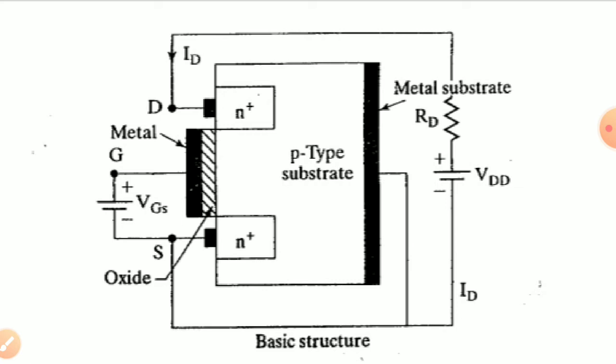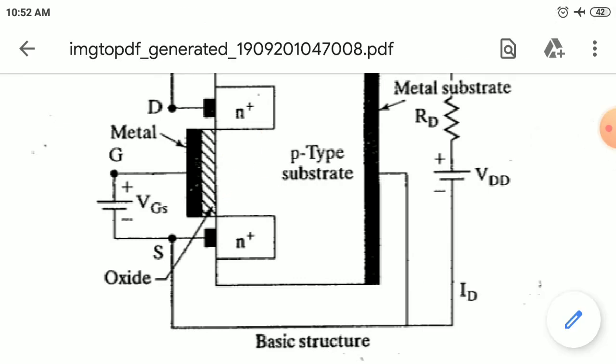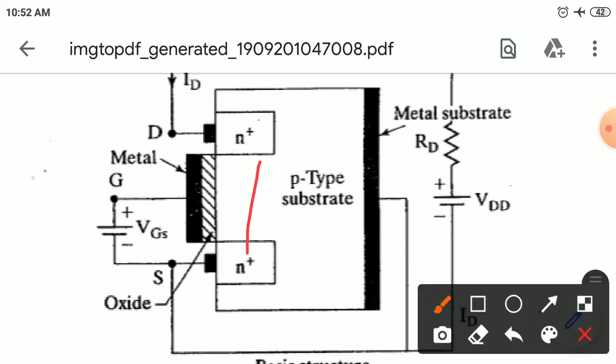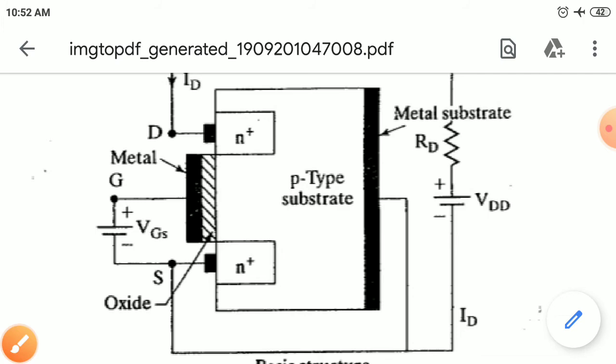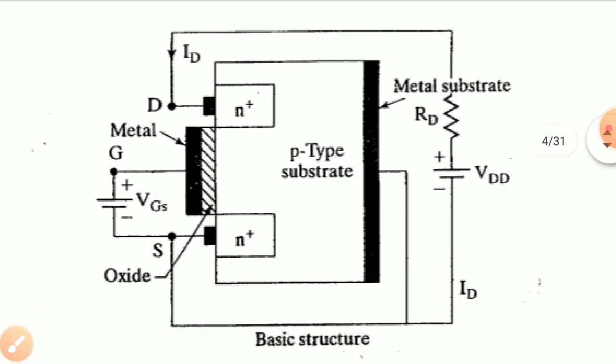In the previous case, there is a physical channel present, and the narrowing and widening happen based on the voltage which we apply. But here there is no physical channel, an absence of a physical channel we can say.